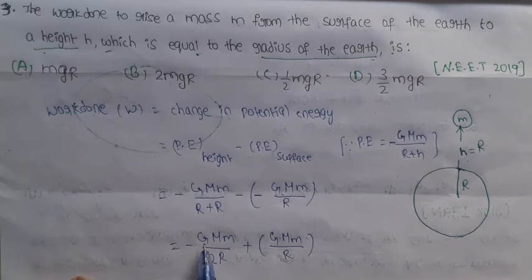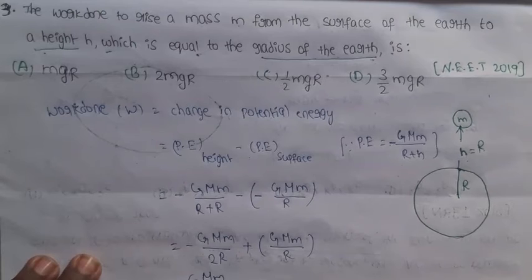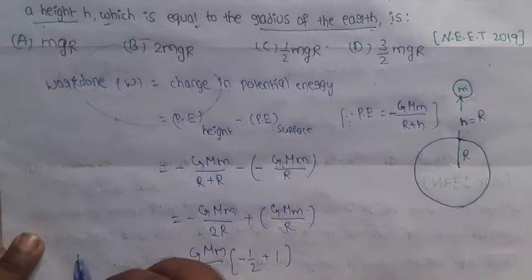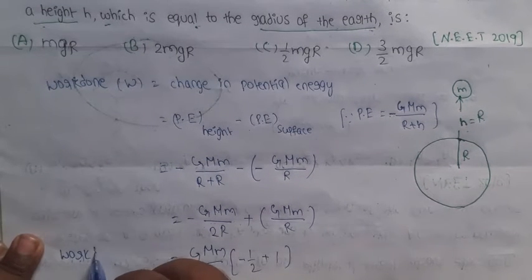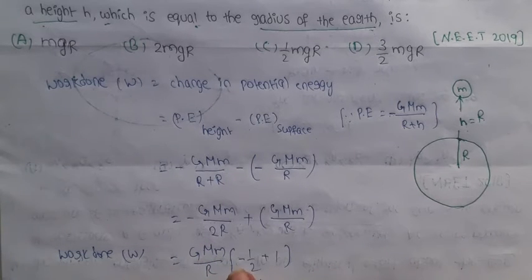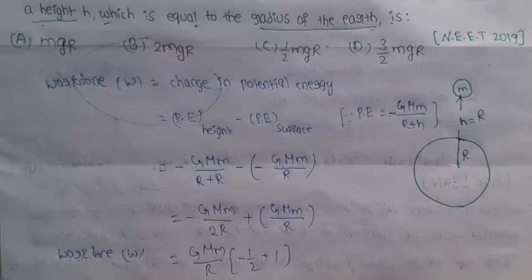Here the common term is G capital M small m by R. So G capital M small m by R times (minus 1 by 2 plus 1). Work done, W equal to G capital M small m by R, and minus 1 by 2 plus 1 is 1 by 2.